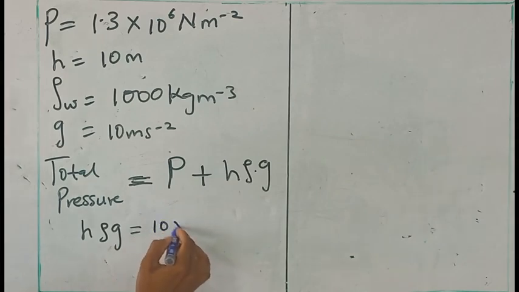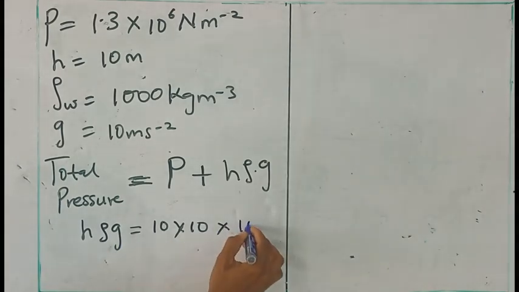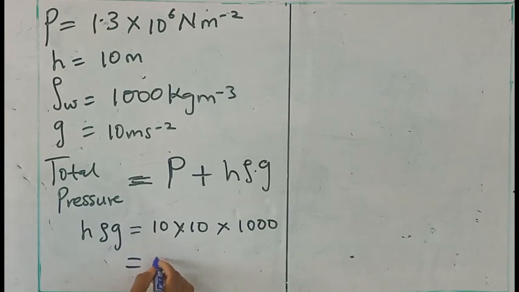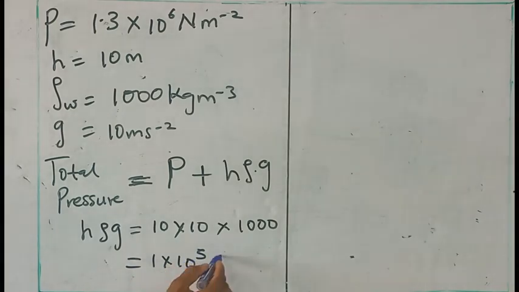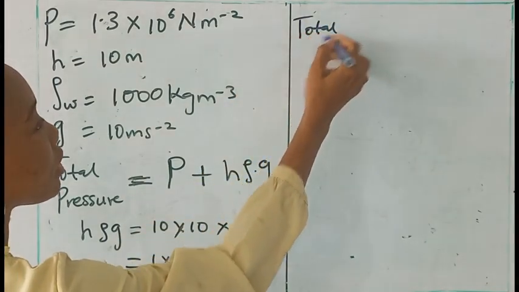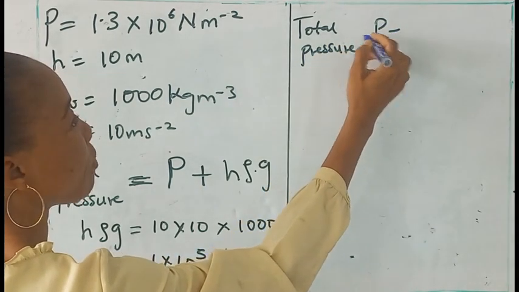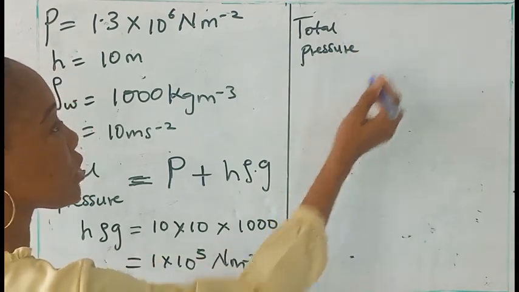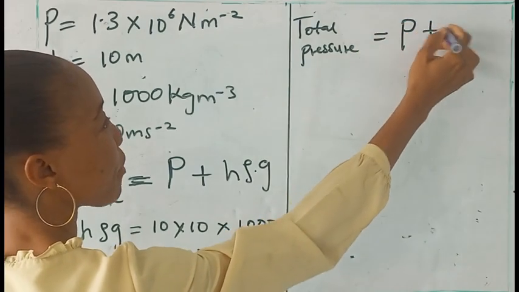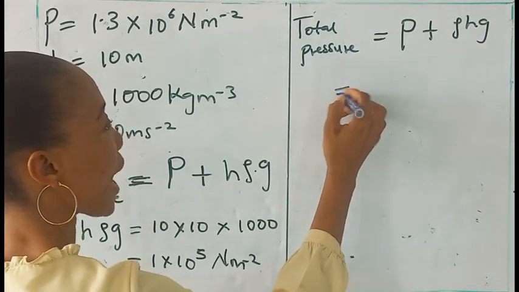H is 10 times G is 10 times density of water is 1000. So we have gotten 1 times 10 raised to power 5 Newton per meter square. Remember, this is pressure. So let's go back and say that the total pressure P will be atmospheric pressure plus pressure due to height.